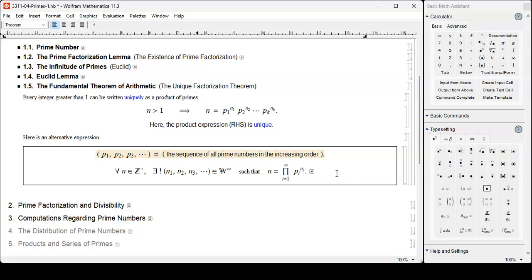And then we can express any positive integer uniquely as a product of primes where the powers are whole numbers. So 0, 1, 2, 3, and so on. Now, except for finitely many exceptions, the ni value should be 0.